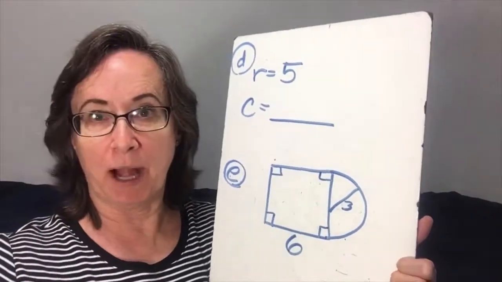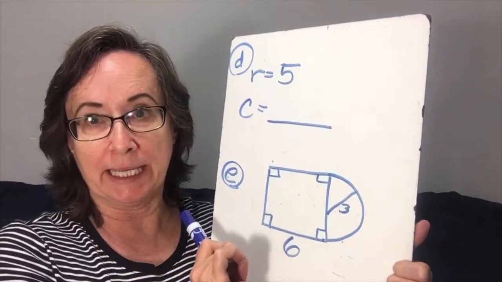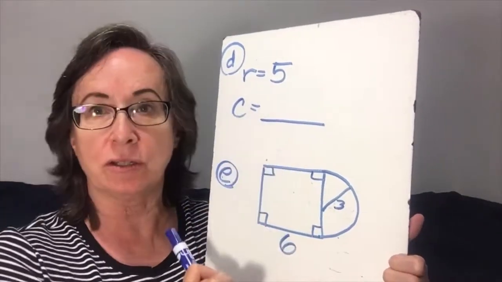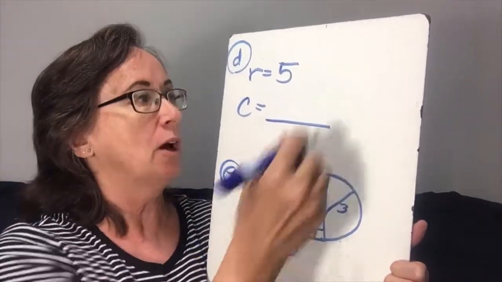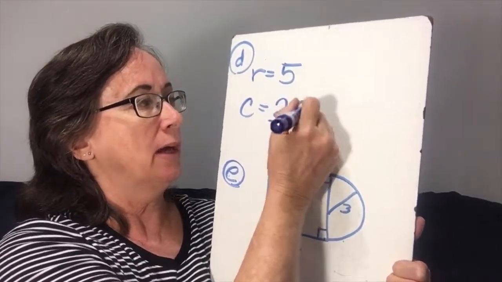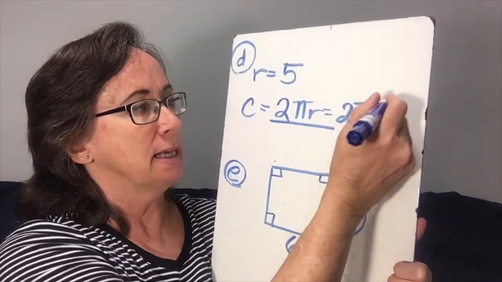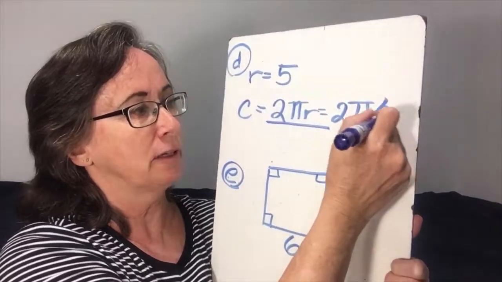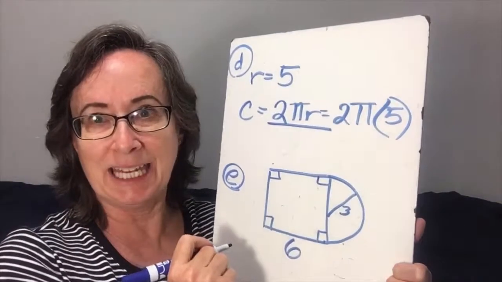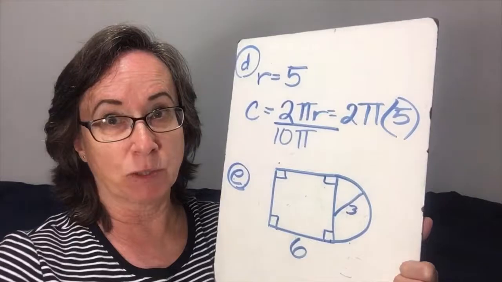The last 2 problems are very easy. We have on D, they give us the radius and they ask us to determine the circumference. Well, we know circumference is 2 pi r, which is 2 pi times 5, which is 10 pi. And we don't even need to worry about that one.